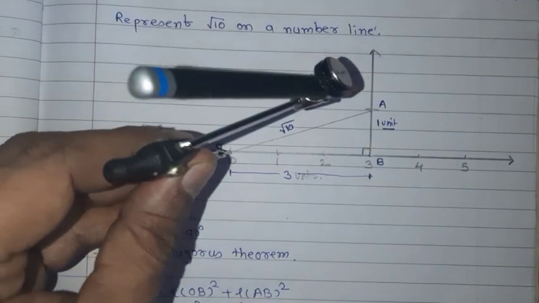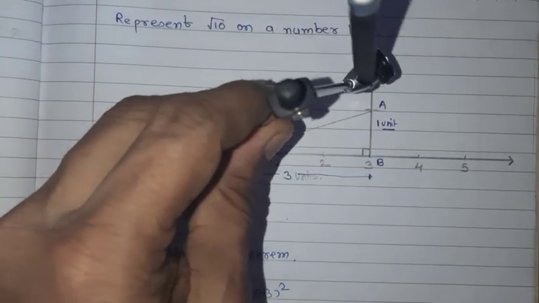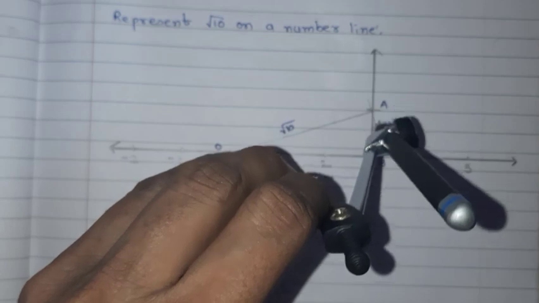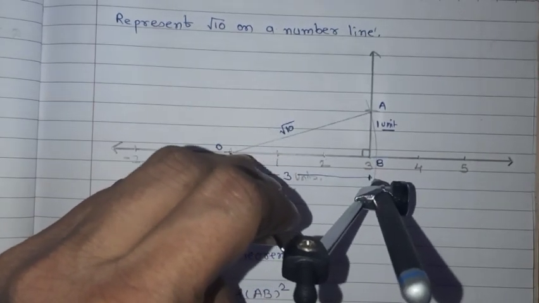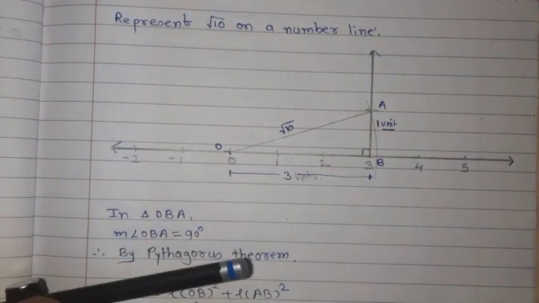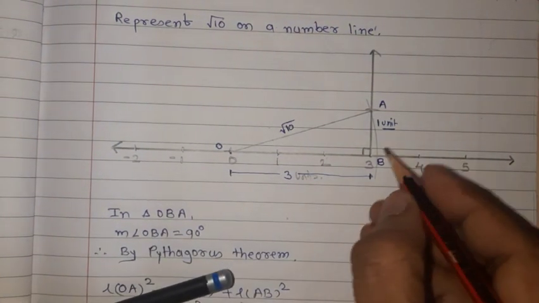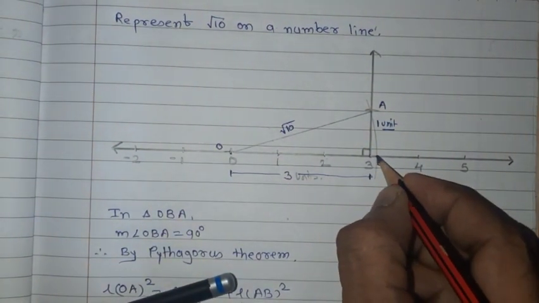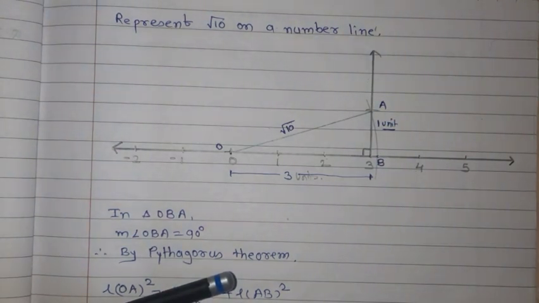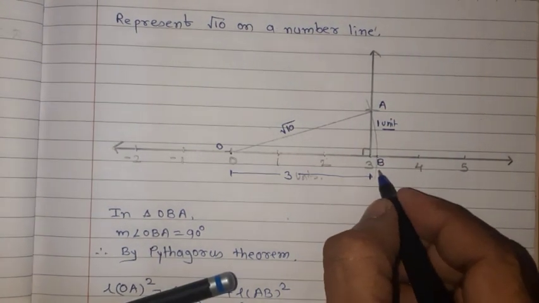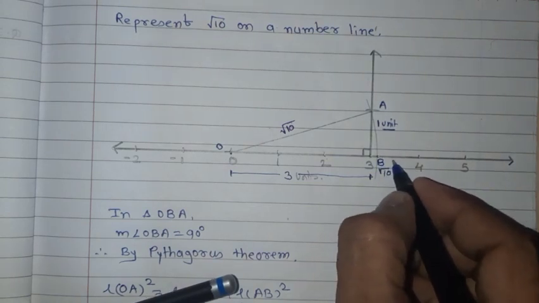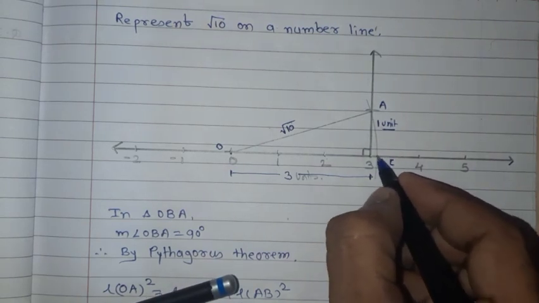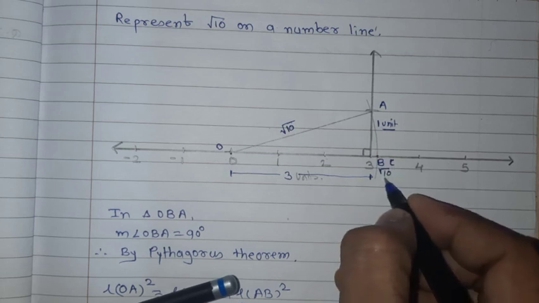From here we can draw the arc on a number line like this. This arc intersects the number line at this point, and this is our point. It is supposed to be a C point and this C point is root 10.